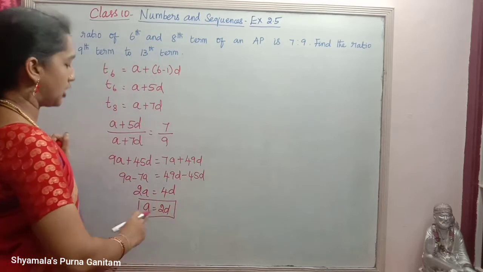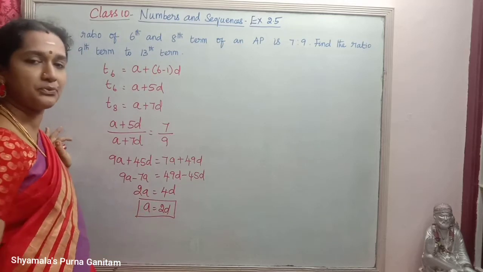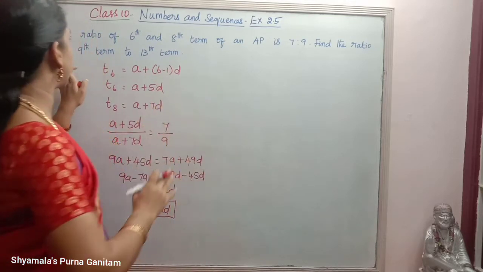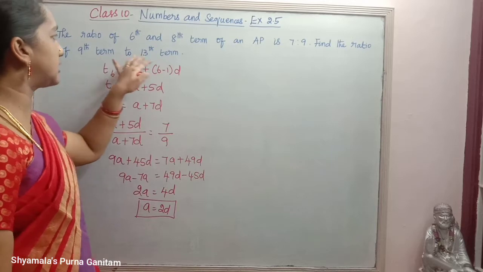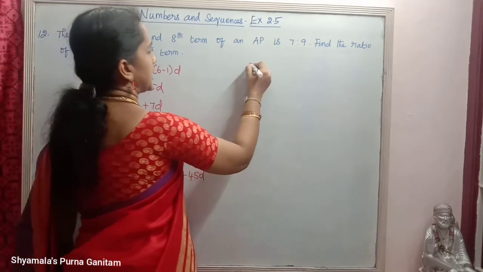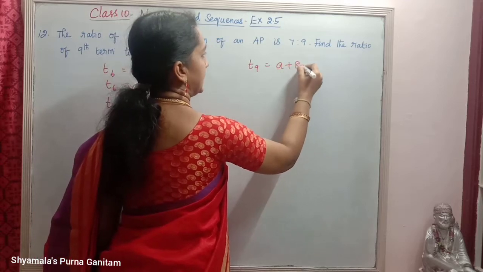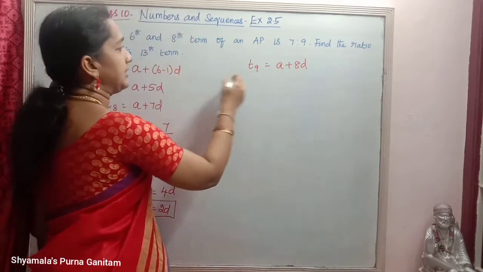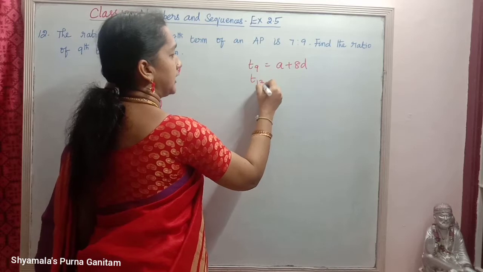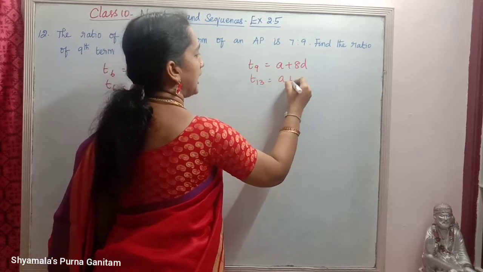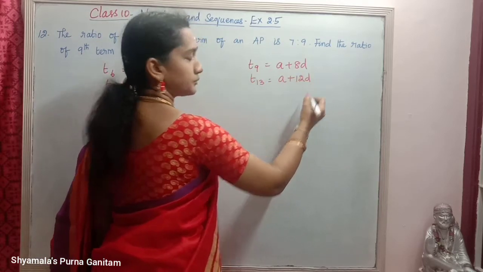Okay, so we got A in terms of D. Now we are asked to find the ratio of the 9th term to the 13th term. The 9th term T9 is A plus 8D. The 13th term T13 is A plus 12D.